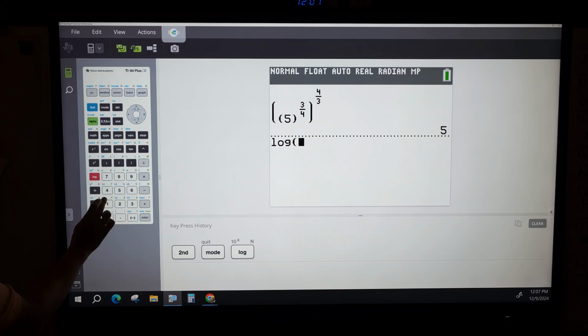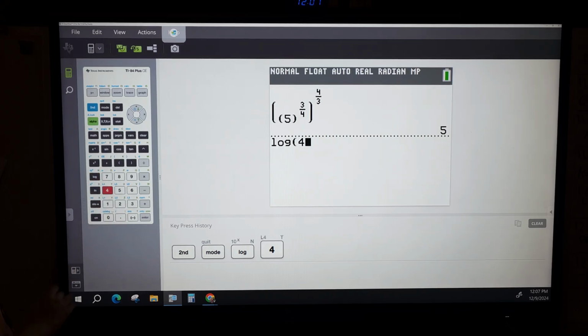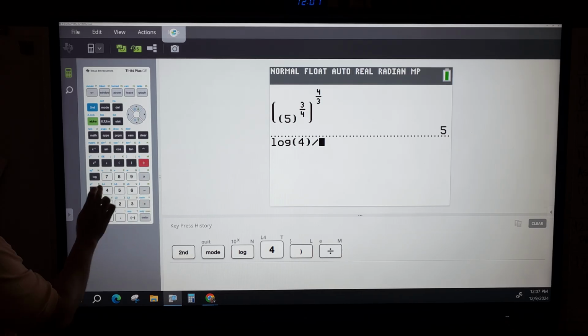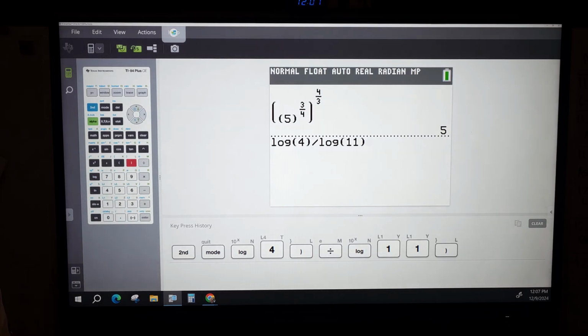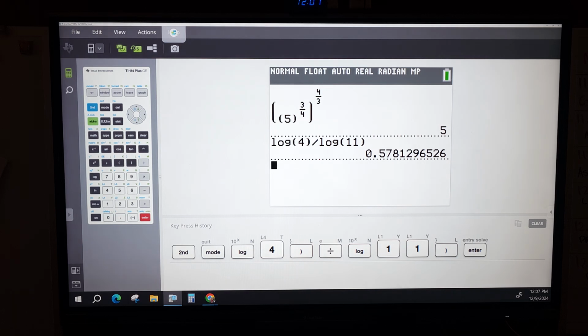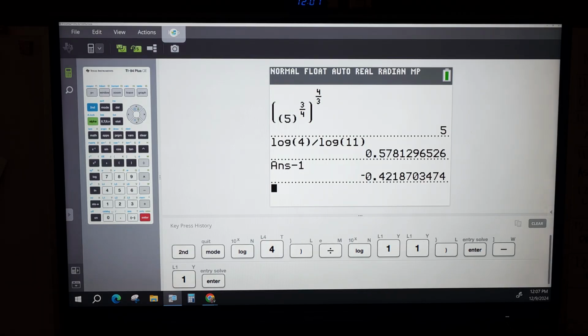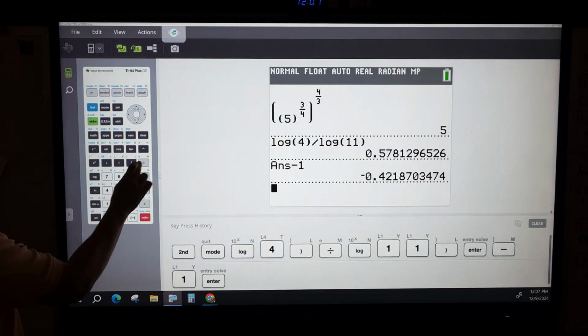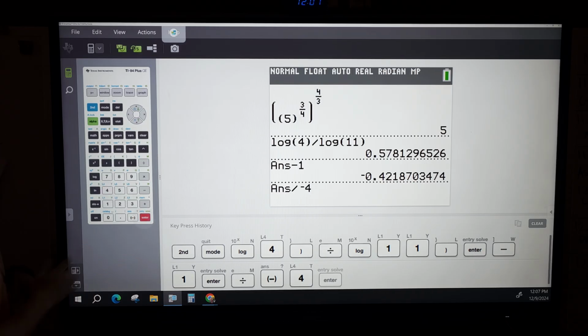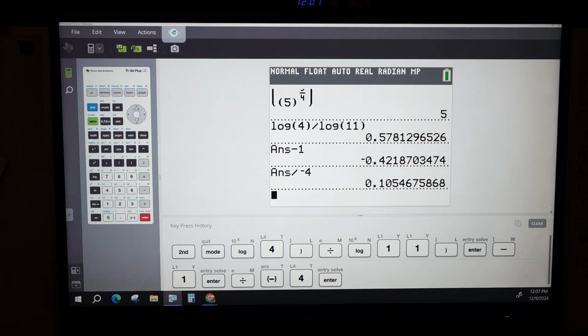So log 4, make sure you close that parentheses, divided by log 11, make sure you close that, push enter. And then I'm going to subtract 1 from that, so minus 1. And then I'm going to divide that by negative 4. Is that the only way to plug it in? No. Okay, that's just one way.